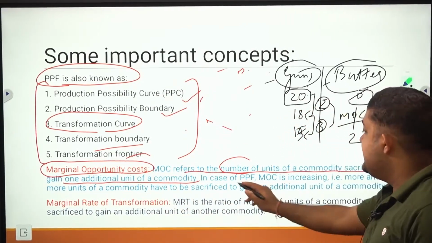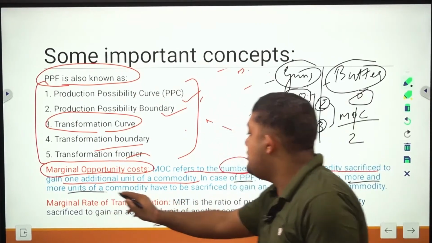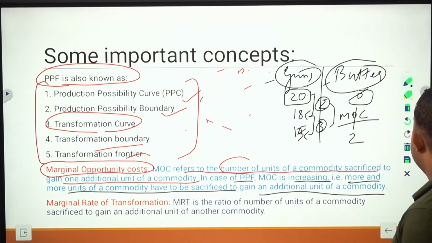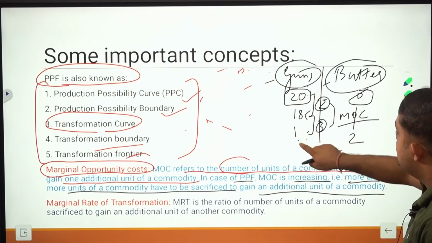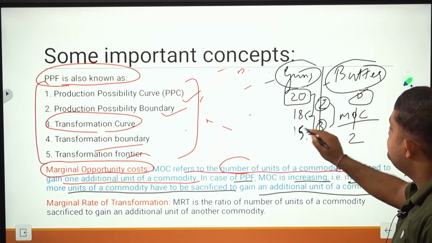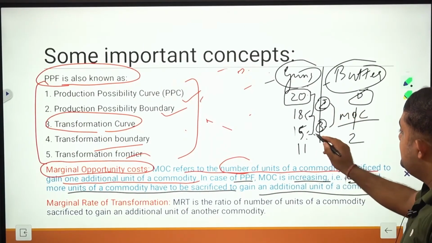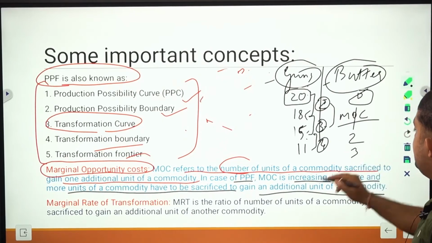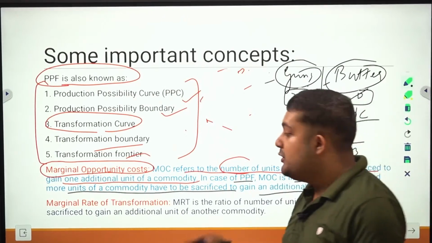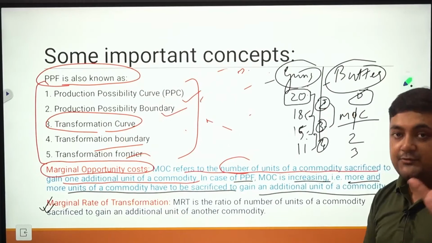In case of PPF, MOC is increasing, that is more and more units of a commodity have to be sacrificed to gain an additional unit of a commodity. So where I had 17, in case of PPF you can make it 16 or 15. Then MOC is increasing, and this is how the PPF comes. We will understand this well in the next slide, don't worry.